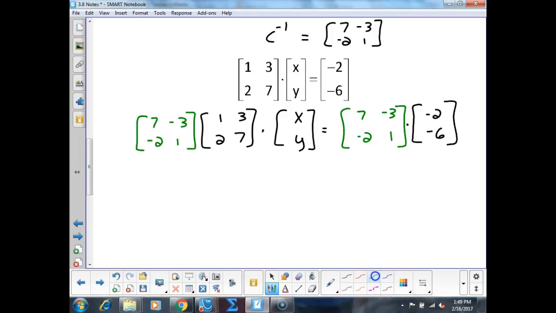Because if I multiply on the left side over here by the inverse, I've got to multiply the right side on the left side by the inverse. Agree? What I've done to one side, I've done to the other side. I've still followed the golden rule of algebra. Correct? Now we know that these two right here are what? They're inverses. So what happens to them? They cancel each other out.